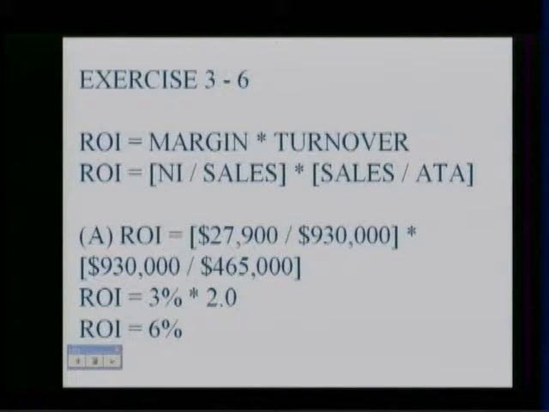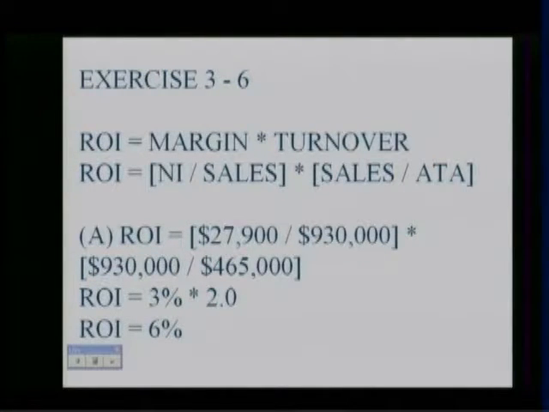Let's plug in the pieces that we know. It says Firm D has net income of $27,900. So we know net income. It has sales of $930,000. Well, if we know net income and sales, we now know our margin. We simply take $27,900 and divide it by $930,000. That's going to give us 3%. We also know in this problem that we have average total assets of $465,000.